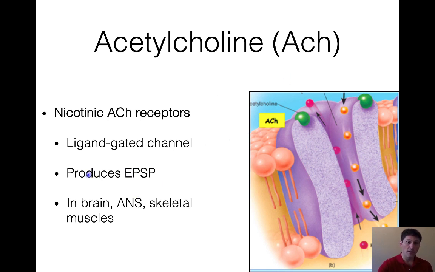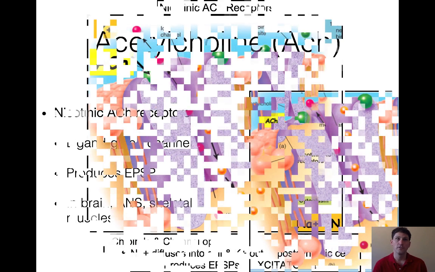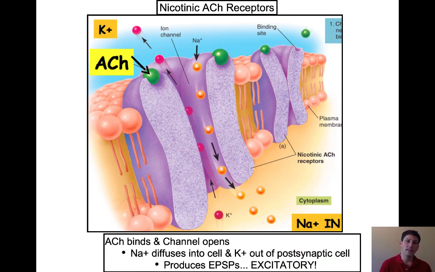If you look at this, we're going to produce an EPSP, so that means more sodium has to move in than potassium out, so that we get a change in our voltage closer to threshold, or getting more positive. And we see these receptors in our brain, our autonomic nervous system, skeletal muscles, so all over.